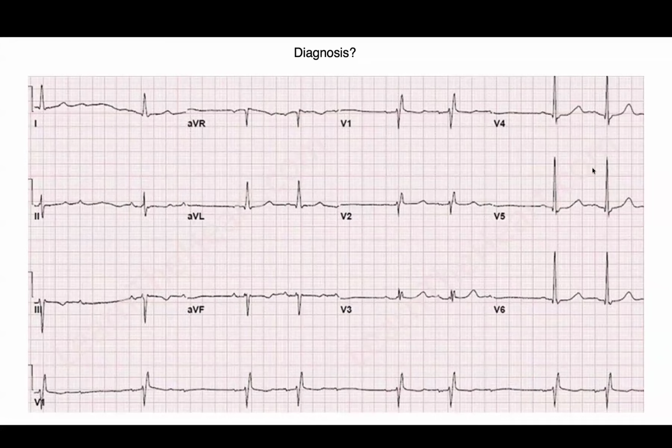Only one person has answered. So it's a heart block, but it's not a complete heart block. You can see there is something which is being regularly missed. Exactly. So it is a second degree Mobitz type 2 block.